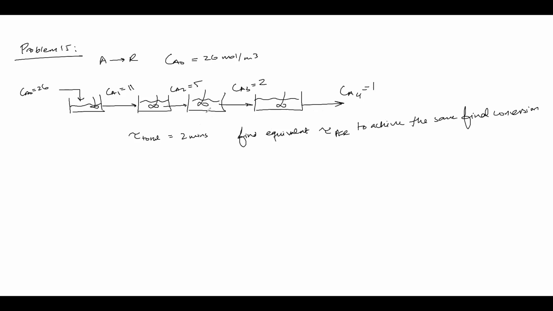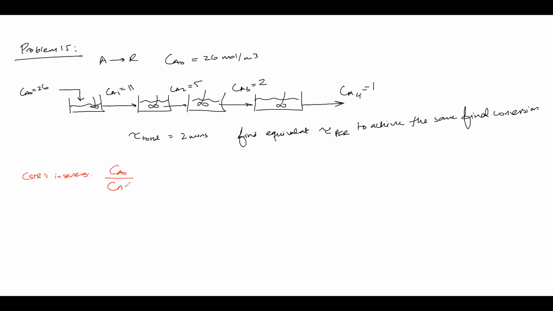And again, for this type of problem, I'm looking for a specific equation, and the equation I'm looking for is CSTRs in series. I'm not looking for you to plug in 4 performance equations. I'm looking for a very specific equation, which is this one.